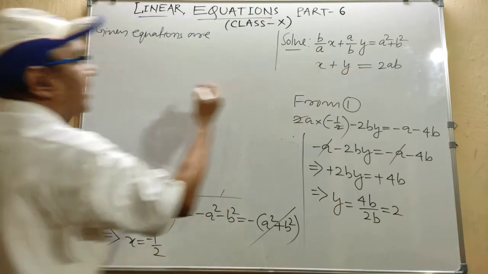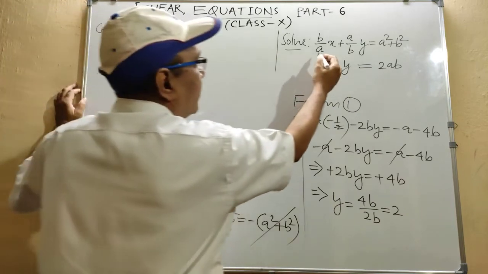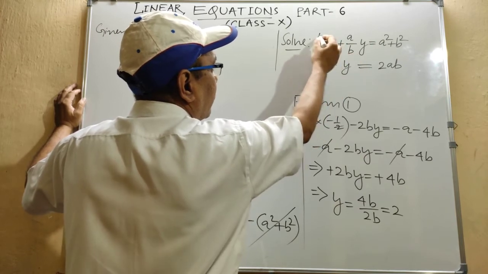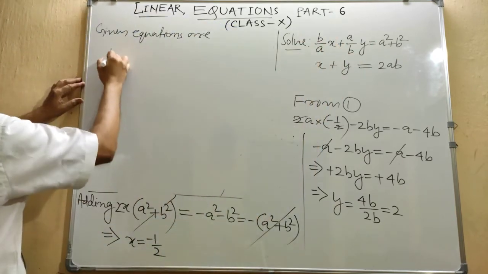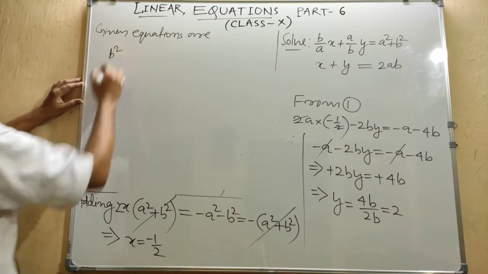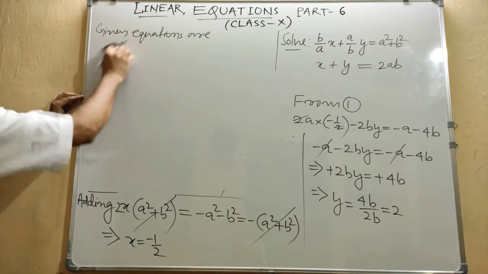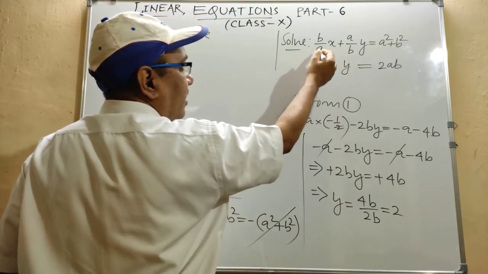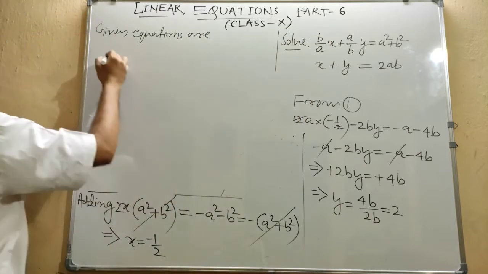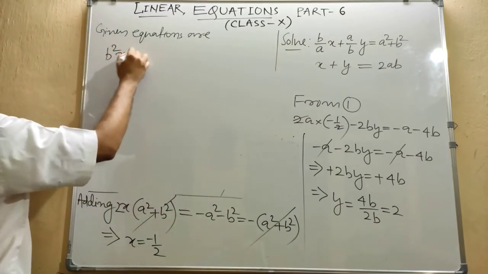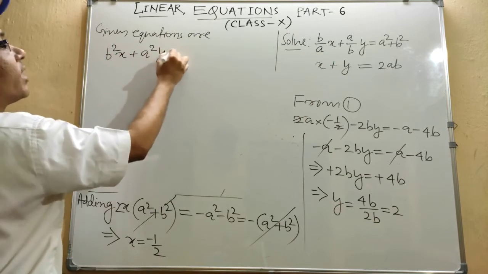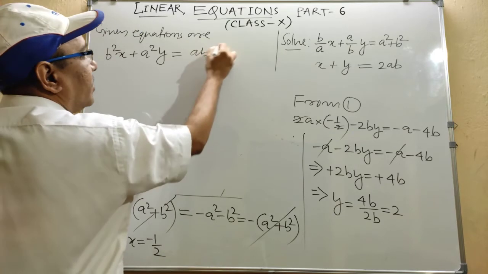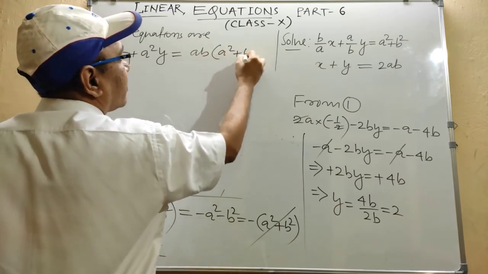Here take AB as LCM. If you take AB as LCM, then here it becomes b square x. See, if AB is the LCM, then we divide AB by a, b will be left, b will multiply with this b, then this becomes b square x plus a square y, and this AB will multiply the other side, AB into a square plus b square.